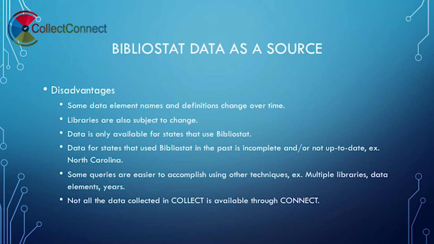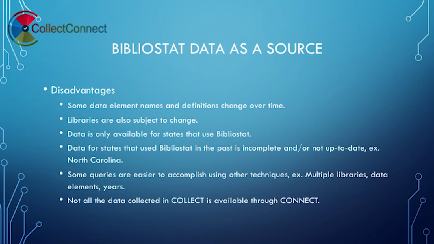Some queries are best accomplished by exporting the data to Excel and working with it as a spreadsheet, especially if you need to work with multiples in libraries, data elements, and fiscal years. And some of the data reported in the annual report is not available in Connect. 3 recent examples.